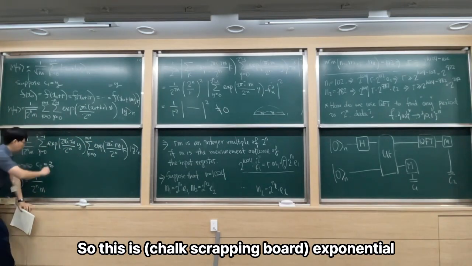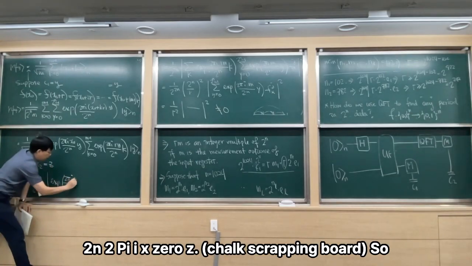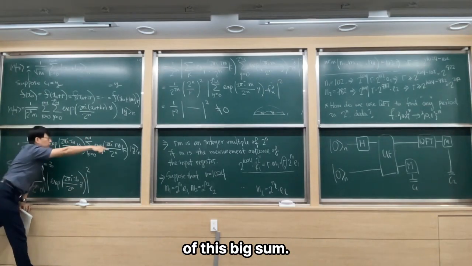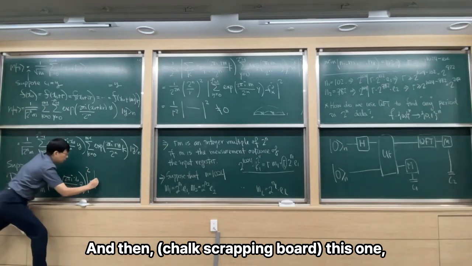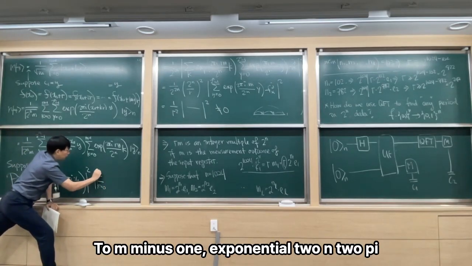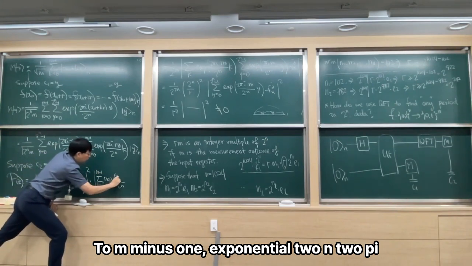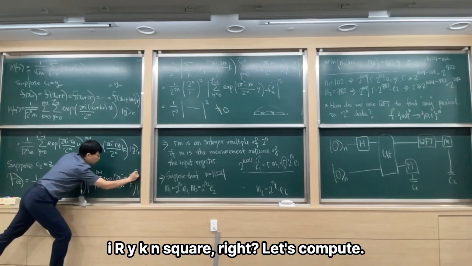So this is exponential of 2 pi i over 2^n times x0 z. That's just a single factor of this big sum. And then this one: k from 0 to m minus 1, exponential of 2 pi i over 2^n times r z k, in absolute value squared, right?